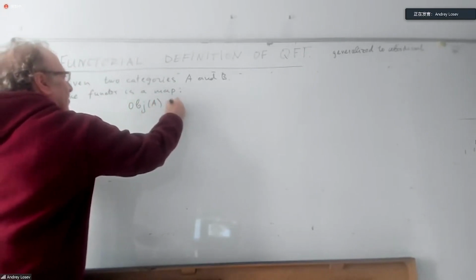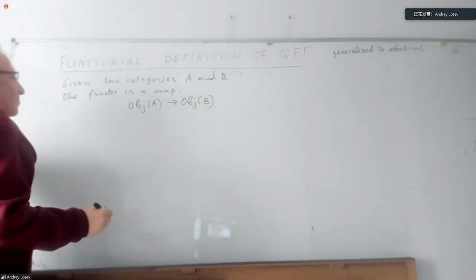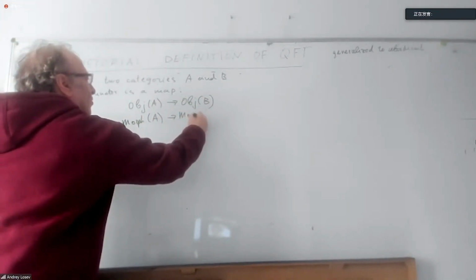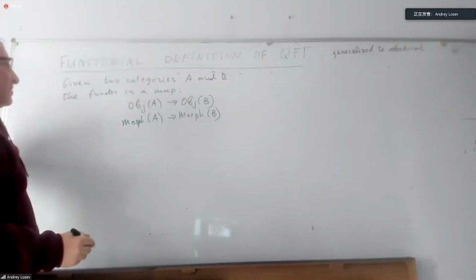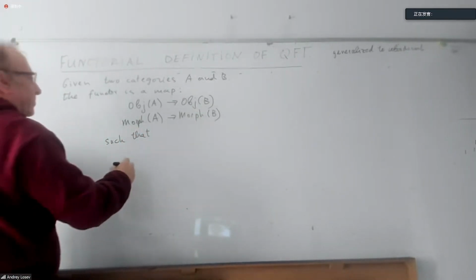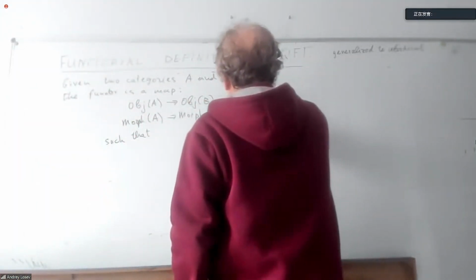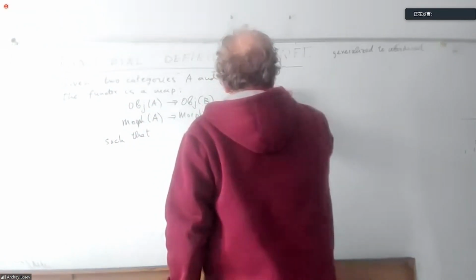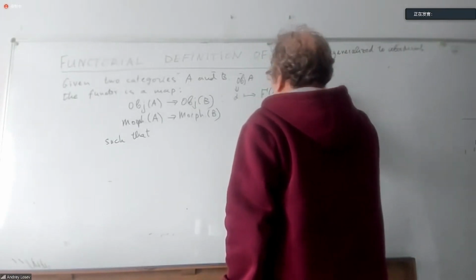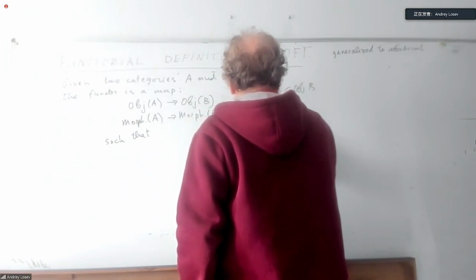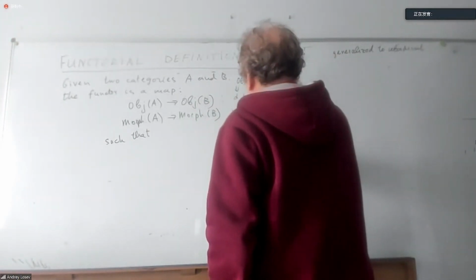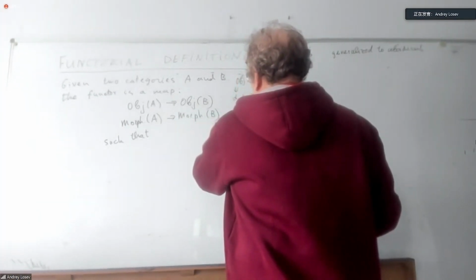It maps objects of A to objects of B and also morphisms of A to morphisms of B, such that alpha goes to F(alpha), and M_alpha_beta goes to F(M_alpha_beta). Okay, I don't want to write the full word morphism. Let me write it shorter.